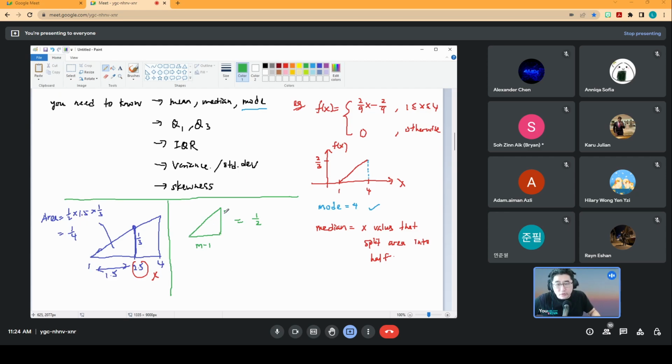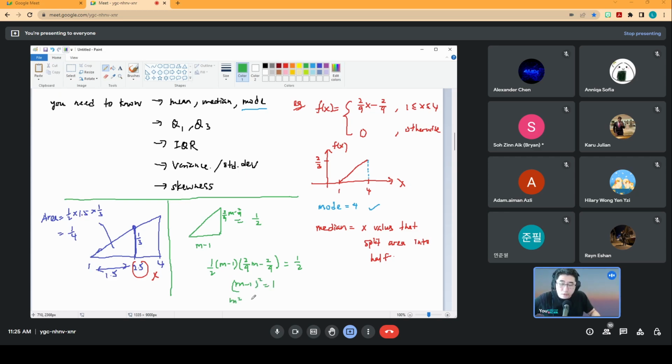Then for your height, you have 2/9 m minus 2/9. So you have 1/2 times m minus 1 times 2/9 m minus 2/9 equals 1/2. So 1/2 cancels off, 2/9 cancels off, then you have m minus 1 squared equals 1.